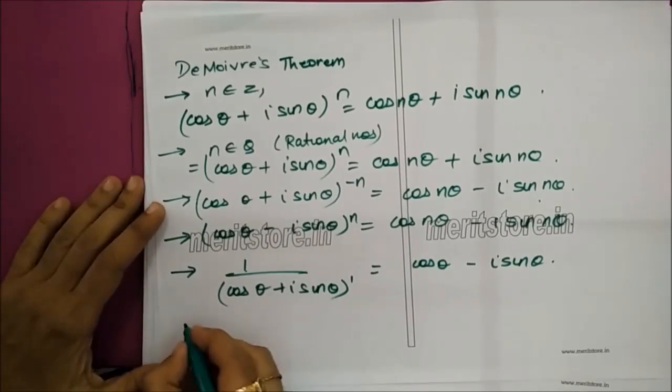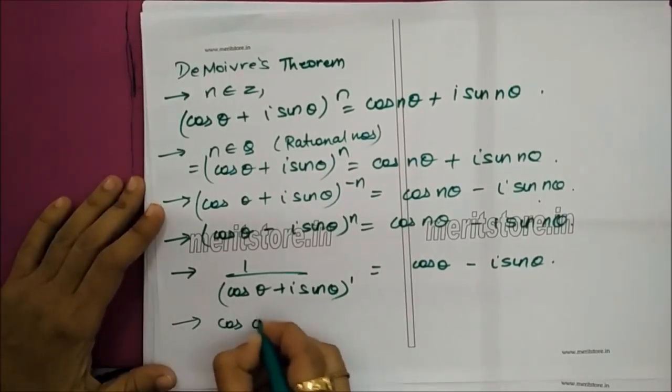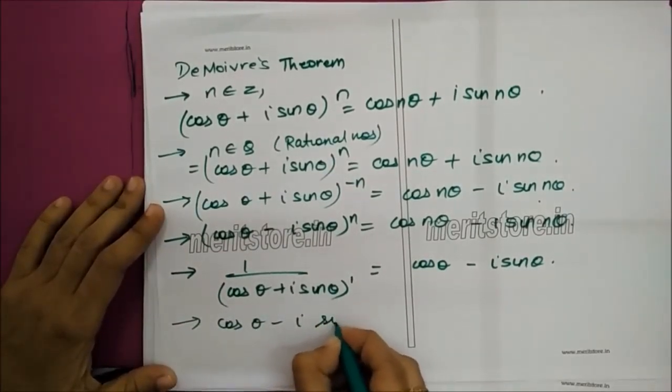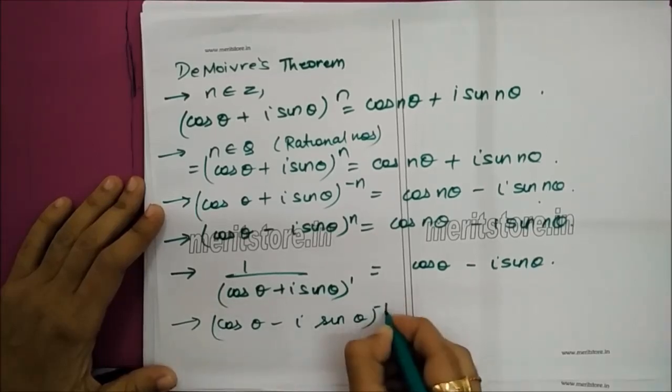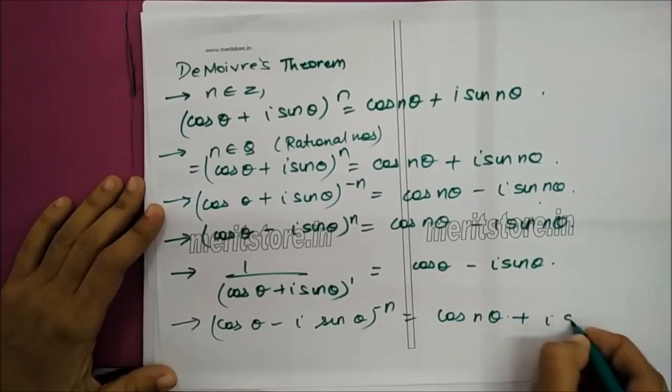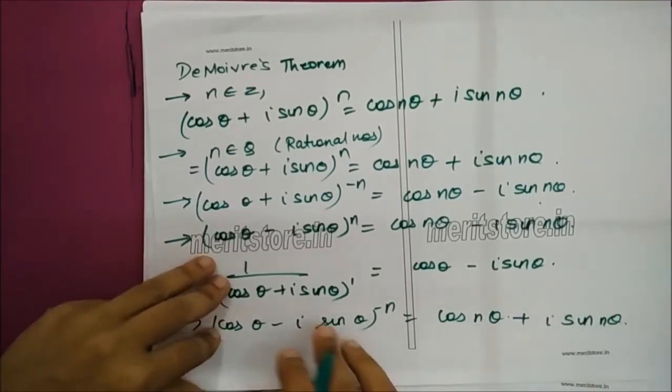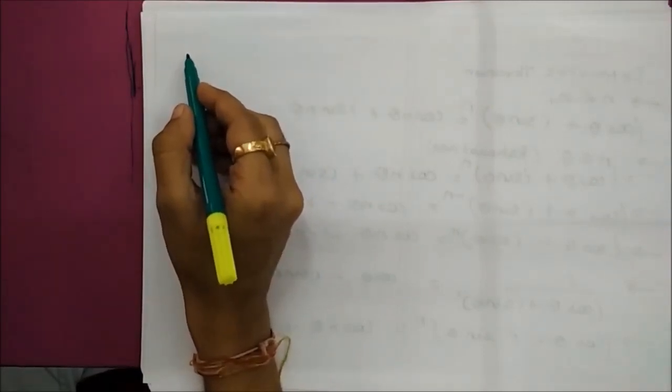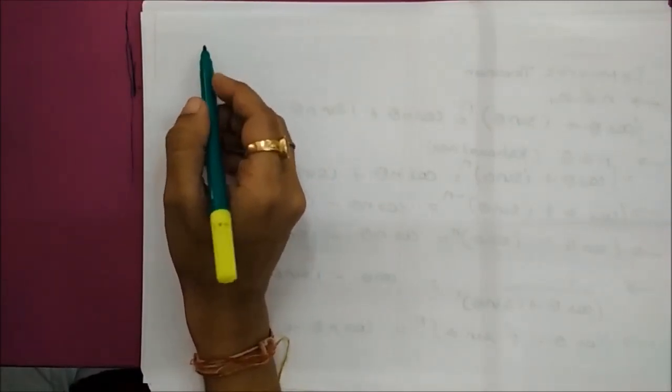And if we say cos theta minus i sin theta raised to minus n, then your sign will change. Your sign will change. Next are the properties.